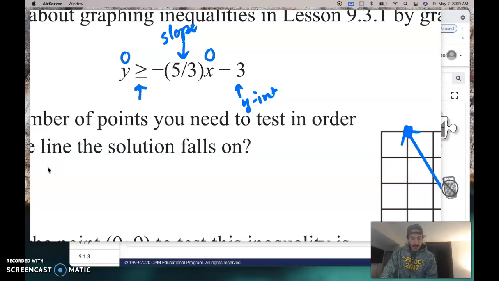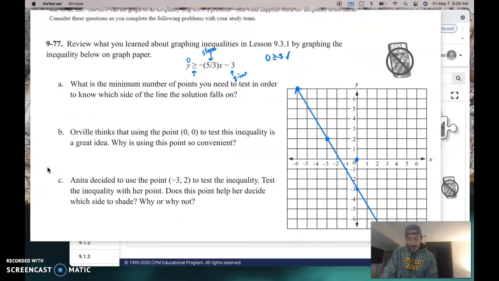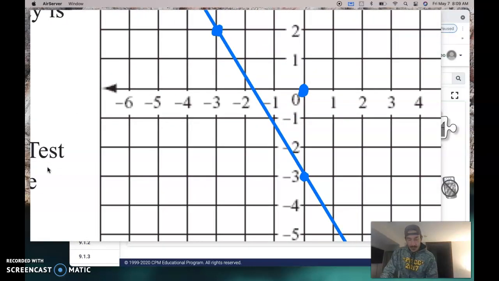The negative 5/3 times 0 makes that whole term cancel out. So really what we want to know is, is 0 greater than or equal to negative 3? And that's a true inequality. That is 100% true. So this is a solution to my inequality.